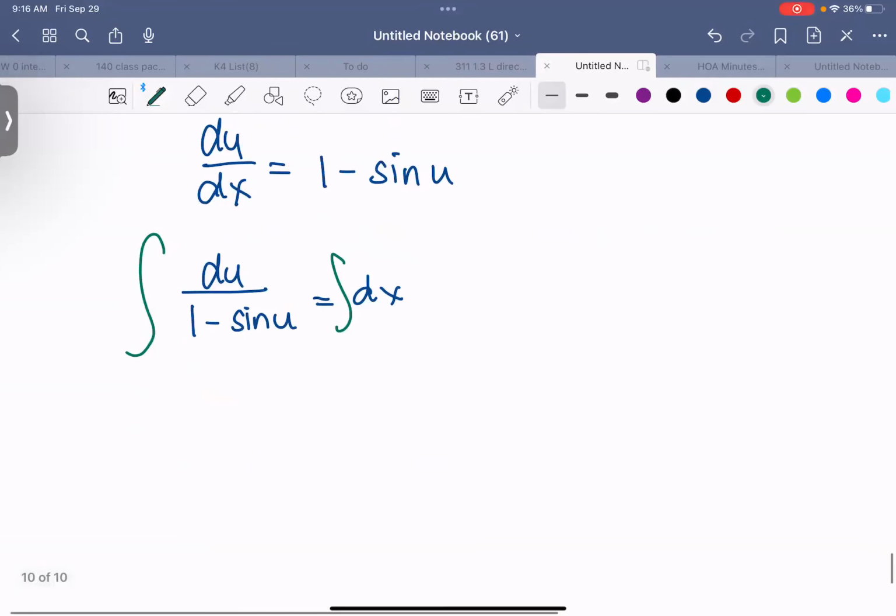I'm guessing this is where we got stuck. Okay, what do we do? Thoughts, ideas? It's got a sine in it, so it's probably going to be something involving a trig integral. How do we get ourselves out of this situation?